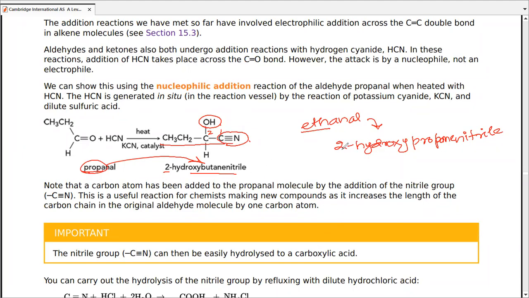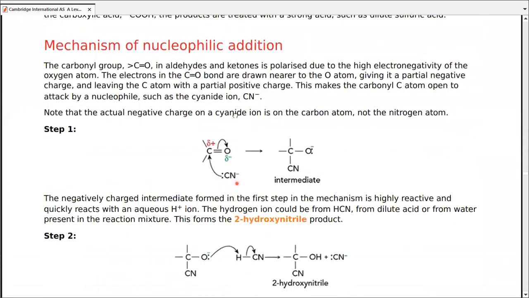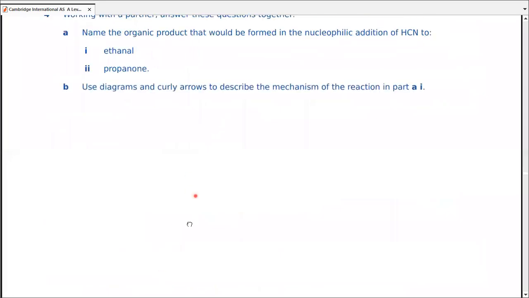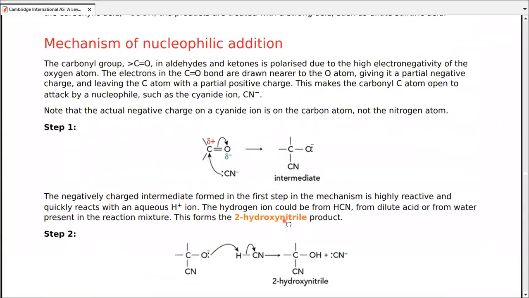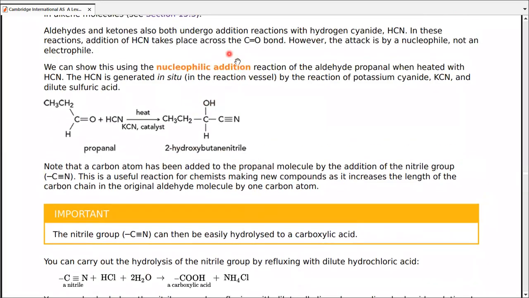Unfortunately, if you're talking about a ketone, we definitely need to take an example of a ketone, because the mechanism is up next, and after the mechanism there are questions, and they haven't given us any examples. So let's take an example of a ketone. I'll write the aldehydes and ketones in a similar way.